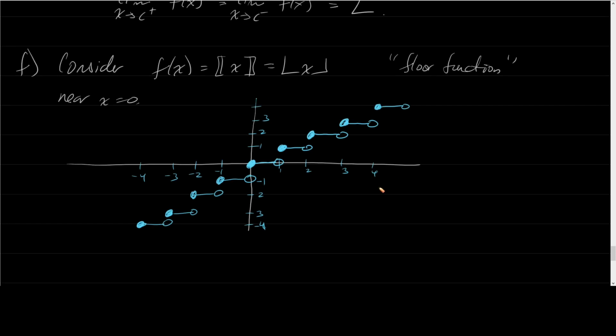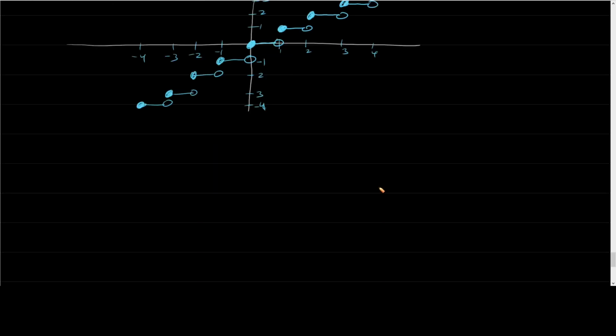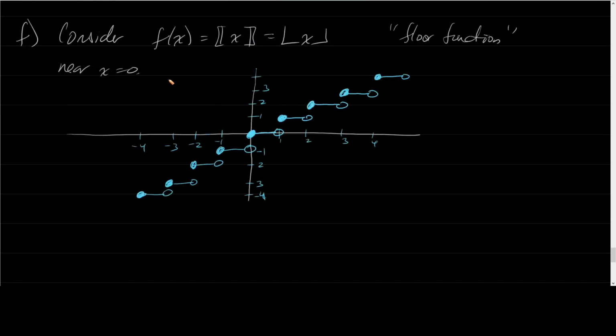Now let's see if we can find the derivative. I'm going to find it using one-sided limits first, again near x equals 0.